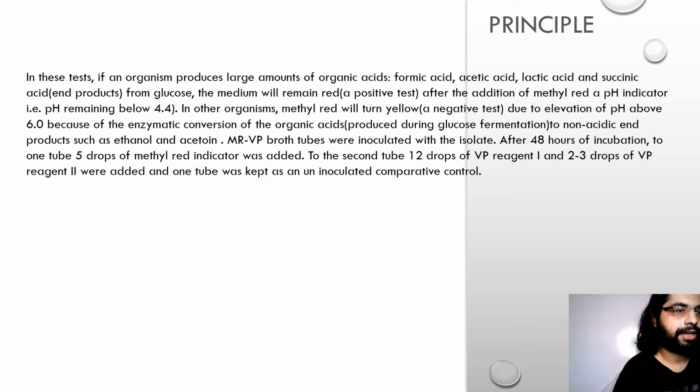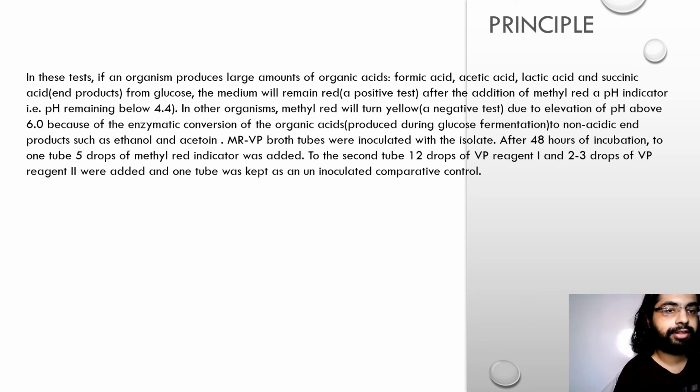Principle: in these tests, if an organism produces large amounts of organic acids like formic acid, acetic acid, lactic acid and succinic acid as end products from glucose, the medium will remain red after the addition of methyl-red, a pH indicator, which is a positive test, that is pH remaining below 4.4.